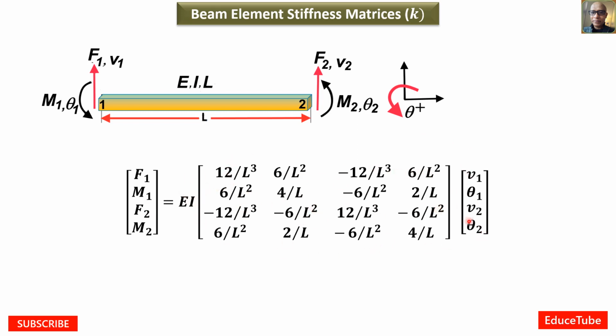This is the displacement vector. This one is the force vector. So force vector, displacement vector, and these two vectors are related by this stiffness matrix. It has 16 elements.